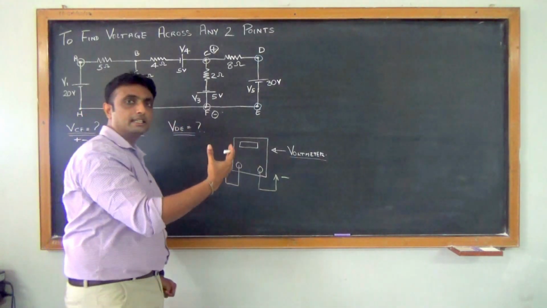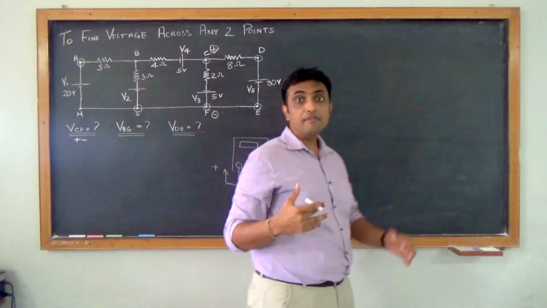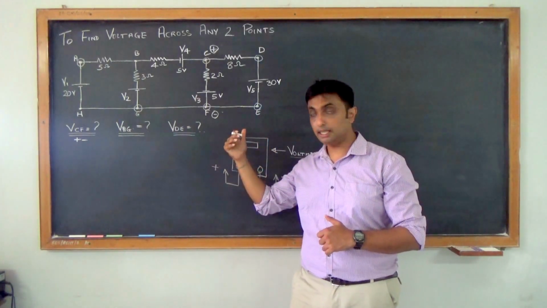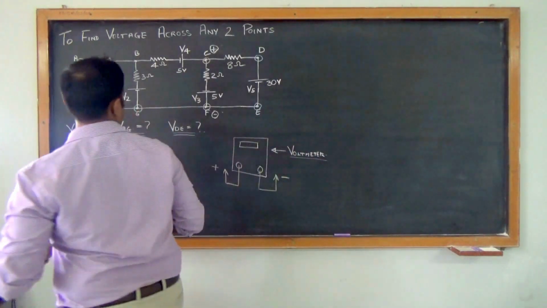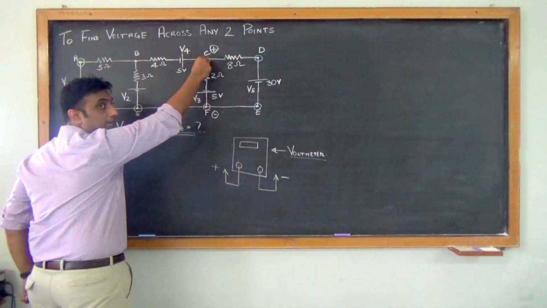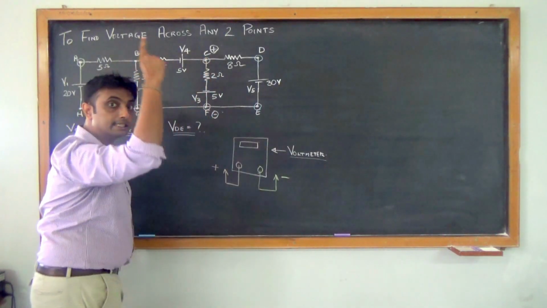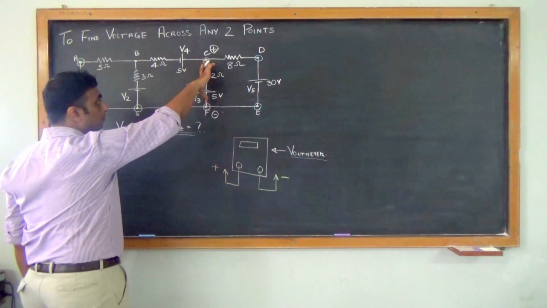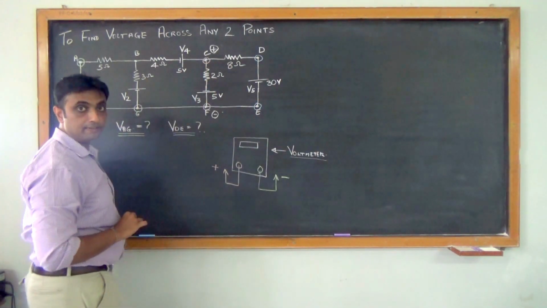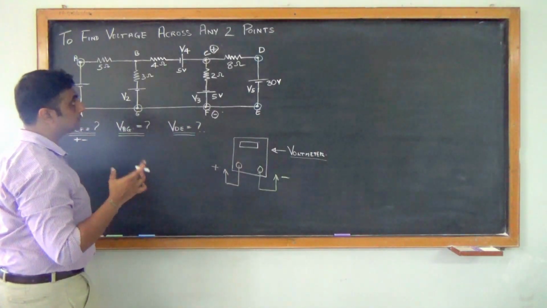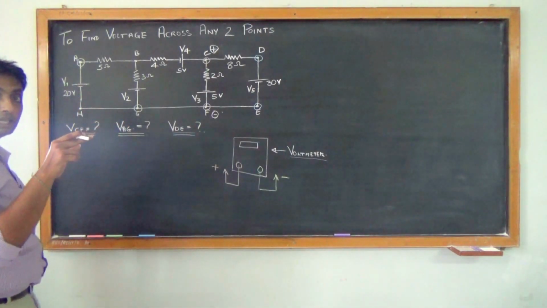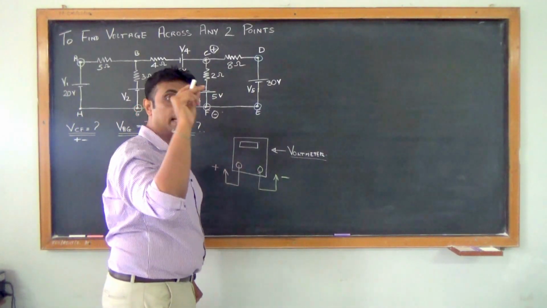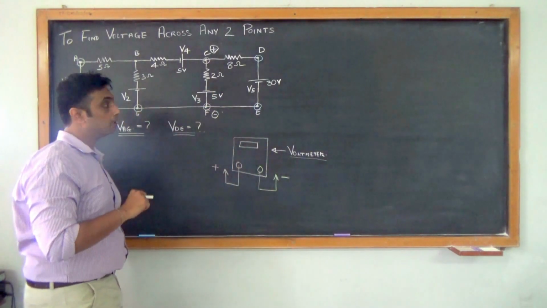Now this is basically done practically, but if we want to find out the voltage theoretically, we can find it out using the same KVL concept that was taught before. According to KVL, the sum of voltage sources in a loop equals the sum of voltage drops in that same loop.